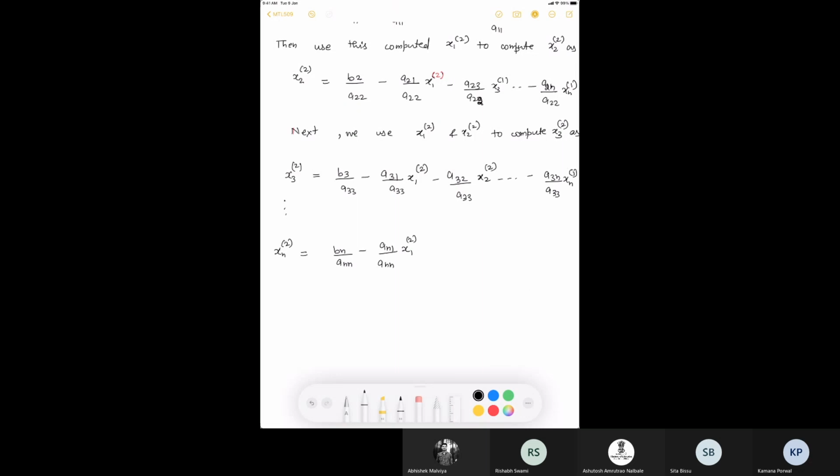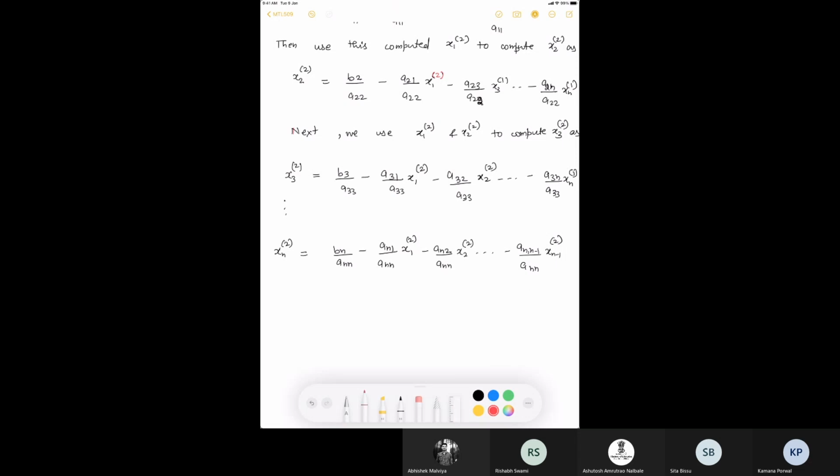I will use the 2, and the next term is an2 divided by ann, x2 2, and the last term is going to be a(n minus 1) divided by ann, xn minus 1 from the second iteration.